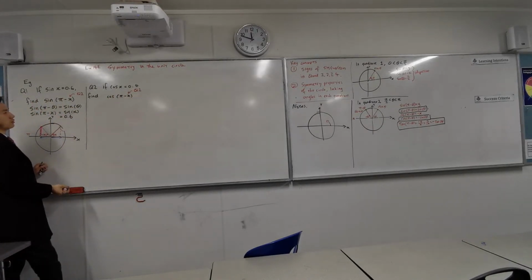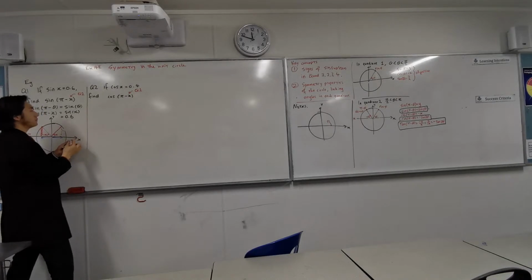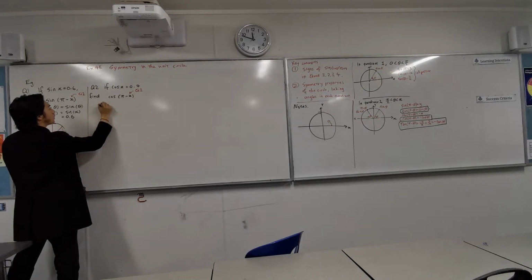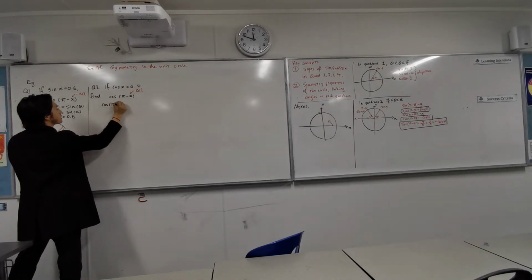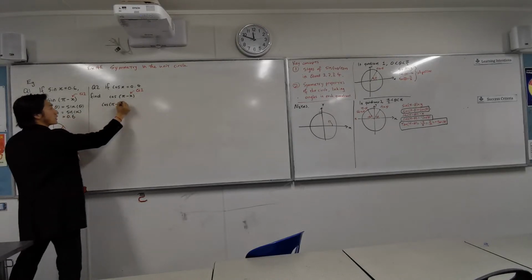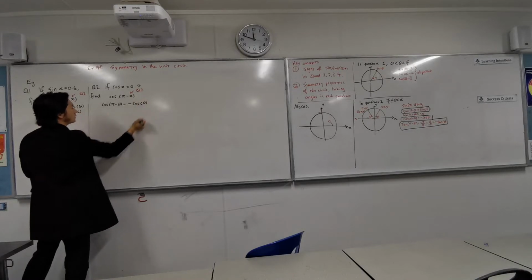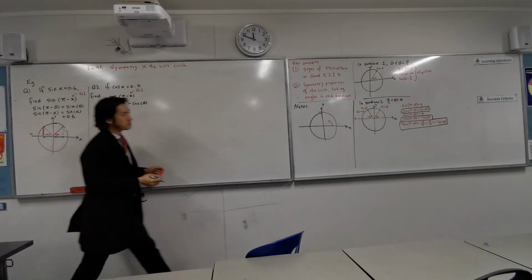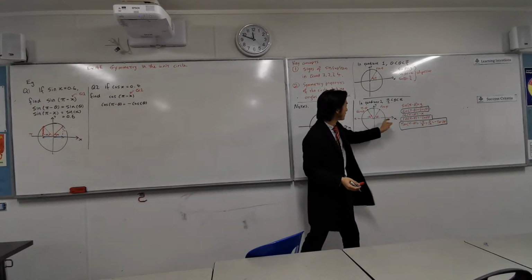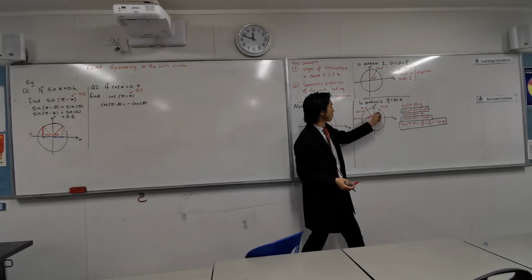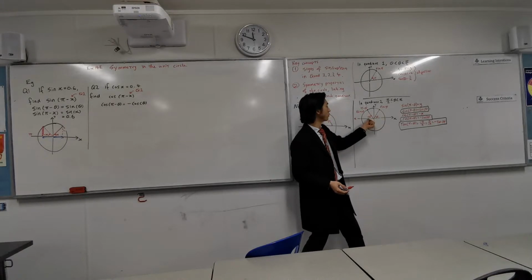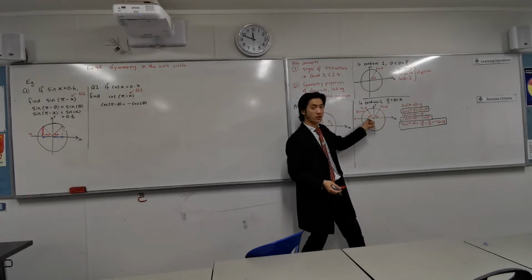And in quadrant 2, we know that cos of pi minus theta is equal to negative cos of theta. Okay, and we found that earlier because comparing quadrant 2 and quadrant 1, if quadrant 1 has a positive x coordinate, quadrant 2 implies that we have a negative x coordinate.